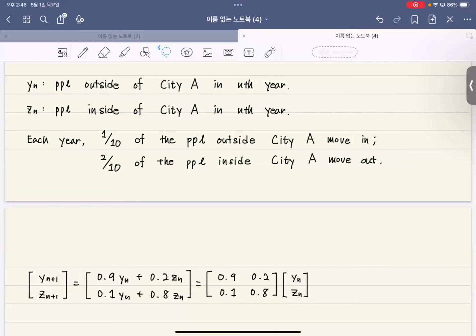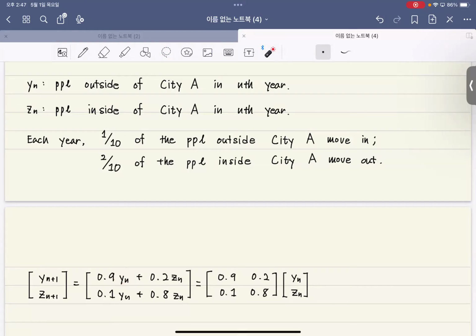Therefore, the population living outside of the city in the n+1st year should be 0.9 times Yn plus 0.2 times Zn, right?